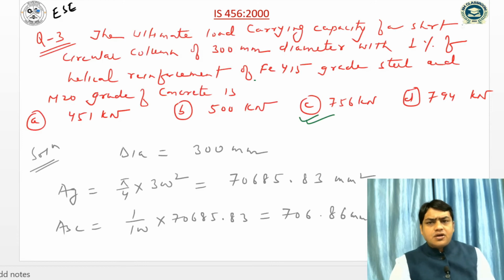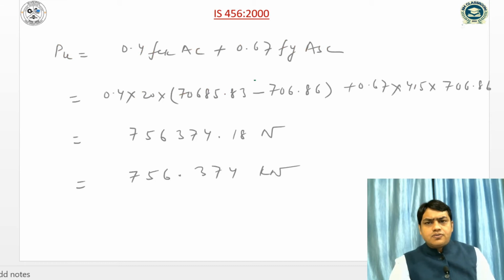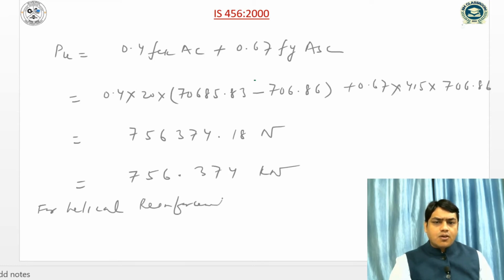But here there is helical reinforcement, so we have to increase the value by 5%. So the PU for helical reinforcement is equal to 1.05 times 756.374.